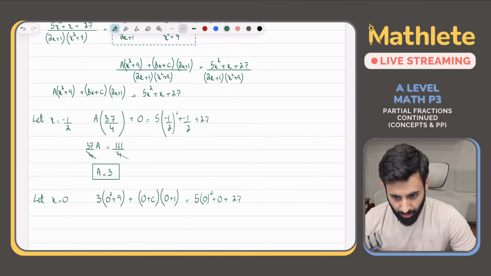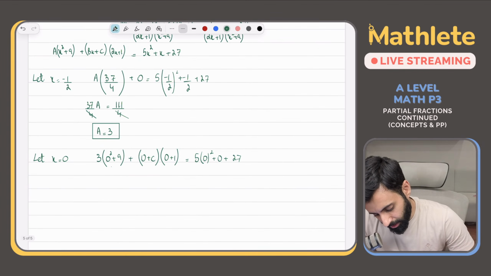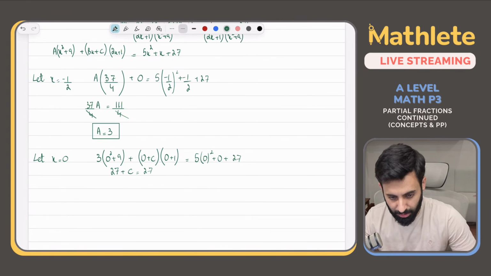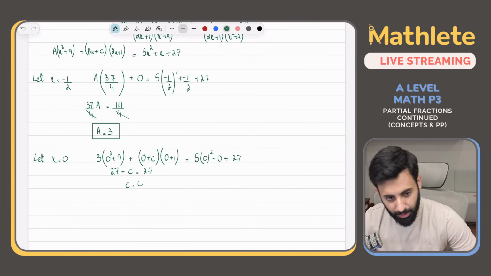Now this becomes 27. 27 plus C is equal to 27, which means that C is equal to 0.